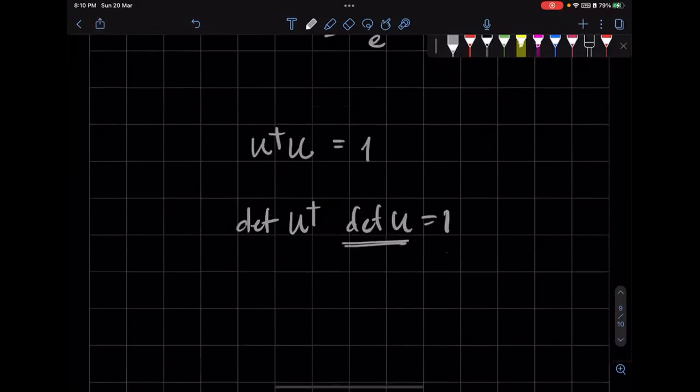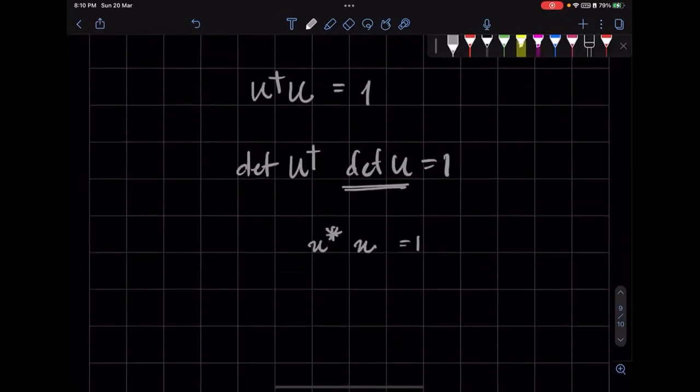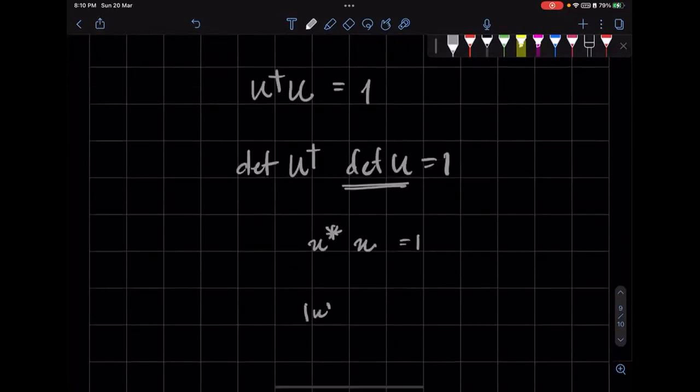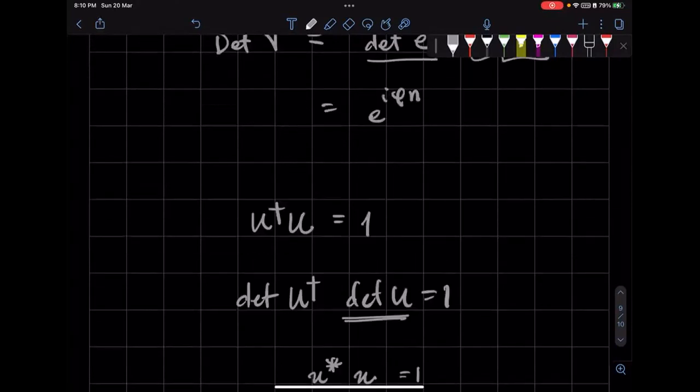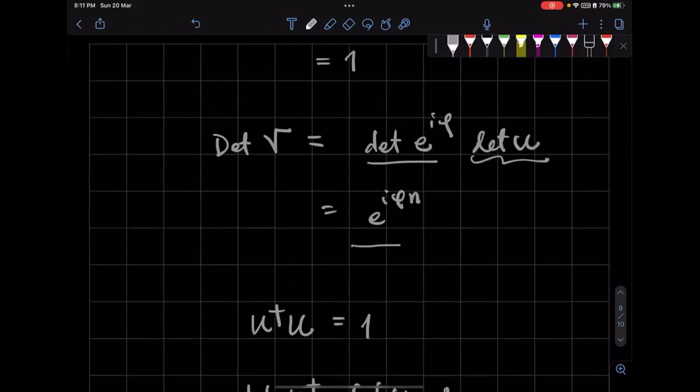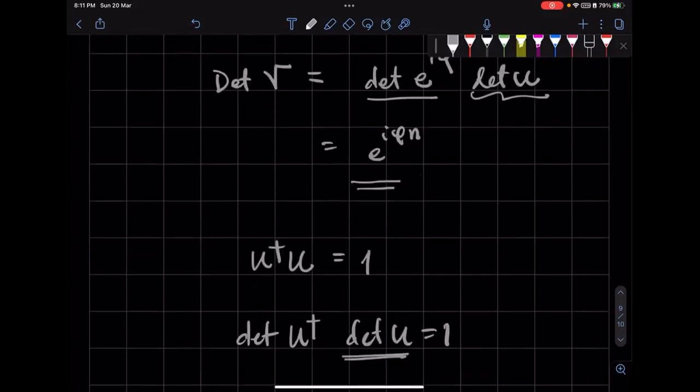Whatever its determinant is, let's call it small u, this will be u star, and therefore this is 1. So we see that the determinant of U is a phase. The determinant of an element of UN is a phase.